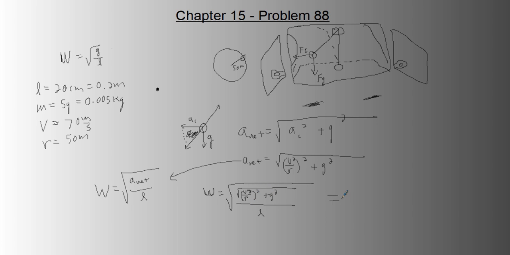I'm not going to bother plugging those in. I'm just going to tell you the answer, 22.191 radians per second. Thing is, they're looking for frequency, not angular frequency, and frequency is angular frequency over 2 pi. So this is 22.191 over 2 pi, which is 3.532 hertz.